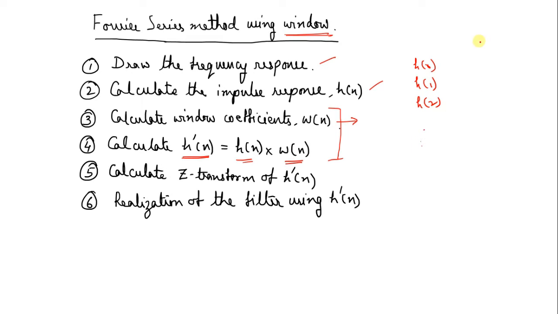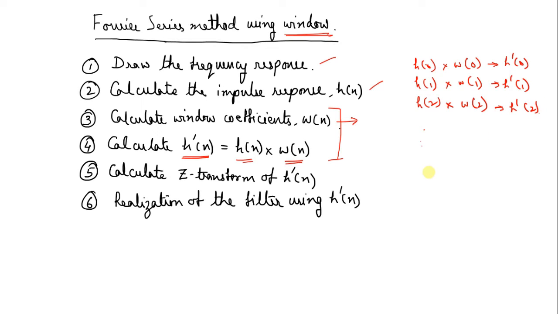When multiplying, with h of 0 you multiply w of 0, with h of 1 you multiply w of 1, and with h of 2 you multiply w of 2. This becomes your new h(n): h dash 0, h dash 1, h dash 2, and so on.